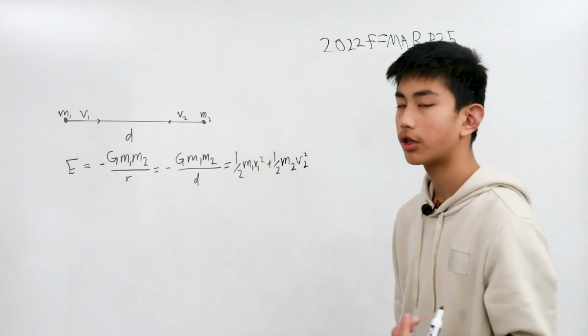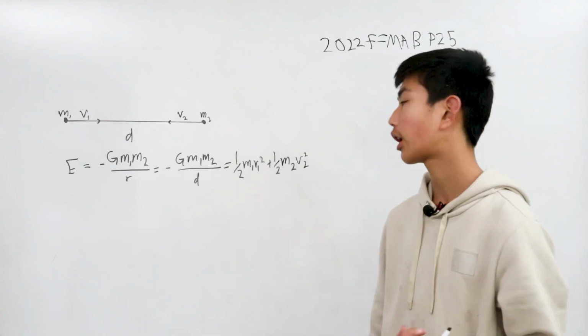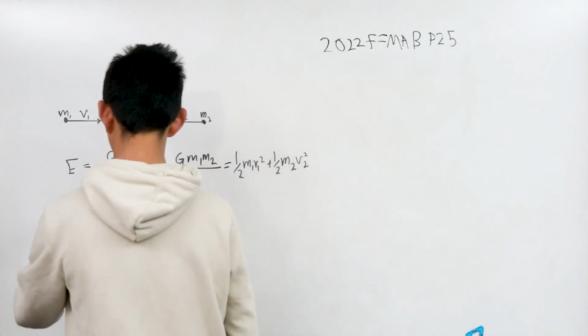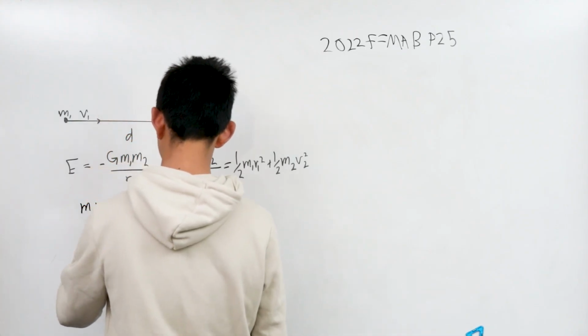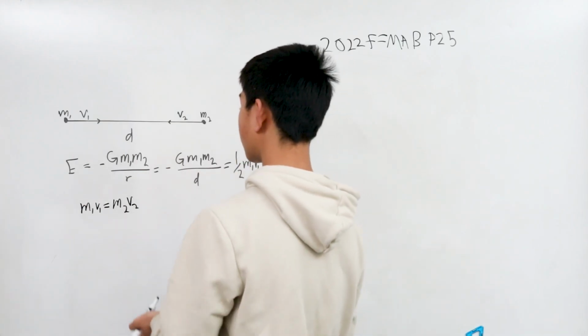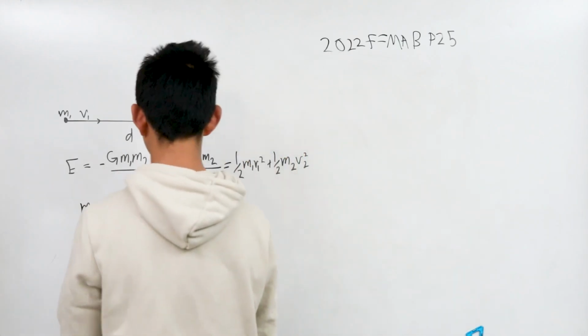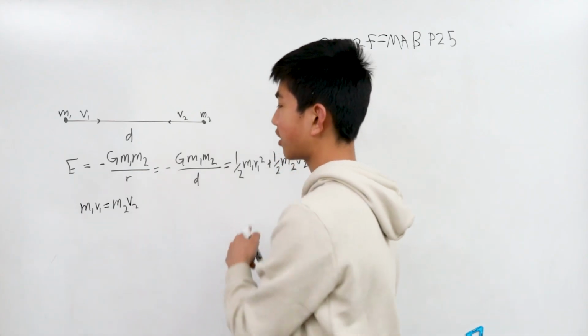Since we know that there are no other external factors affecting this gravitational attraction, we can say that M1 V1 is equal to M2 V2. So we can then rewrite this by adding this over and changing this last equation.